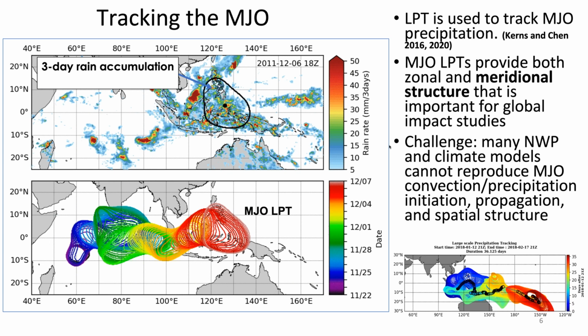Okay, so the first step to tracking is to identify large scale precipitation objects. We call it LPO. So that's just an individual location of large scale precipitation, and it satisfies the criteria that rainfall within that area is larger than 12 millimeters per day.